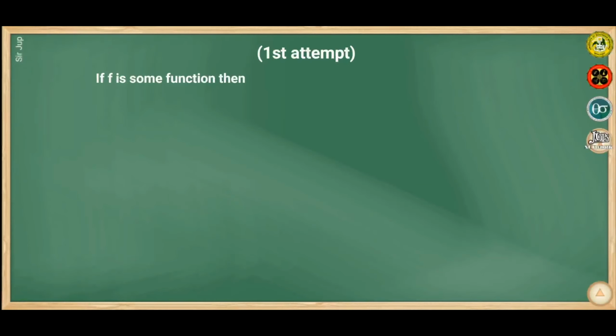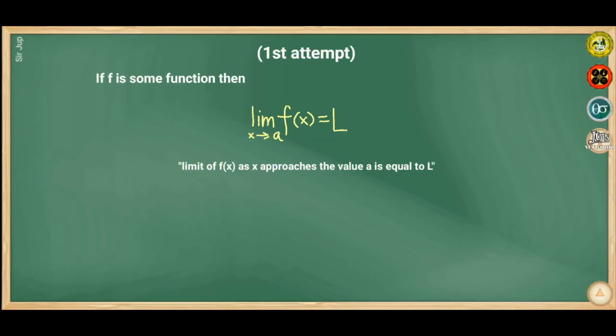If f is some function, then limit of f of x as x approaches a equals L. Again, this is read as limit of f of x as x approaches to the value a is equal to L. Ibig sabihin nito, kung x ay papalapit sa a, ang f of x ay papalapit naman sa L. Pero take note, may ibang function na walang ganitong property sa lahat ng value ng a. Okay?